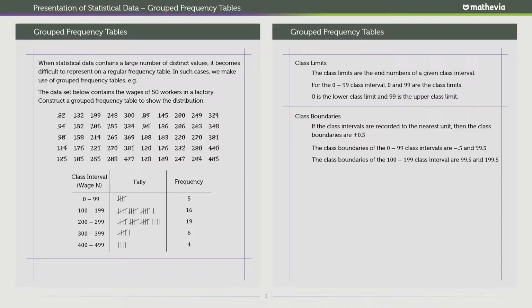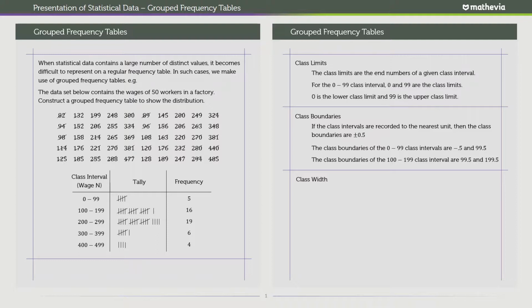So basically, it is the borderline between the first class and the second class. And similarly, for the third class you'd have 199.5 and 299.5.